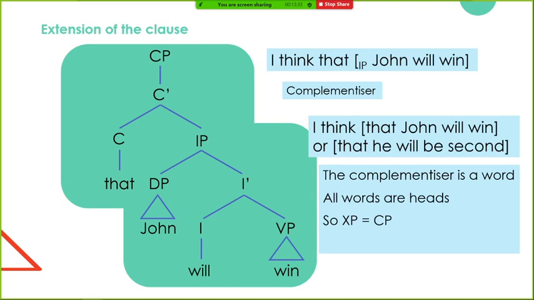But not only is the IP inside the complementizer phrase, but it's in a particular position inside it. It follows the complementizer. We know that the phrase that follows the complementizer is the complement position. So the analysis we come to then is that the complementizer is the head of the CP, and the inflectional phrase goes in the complement position of the complementizer.